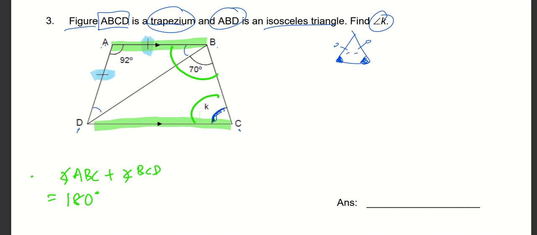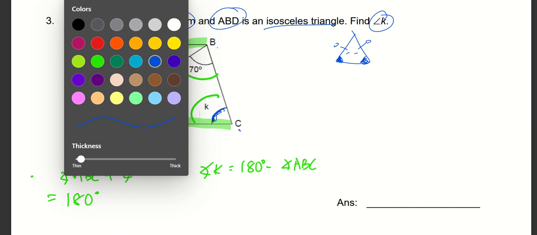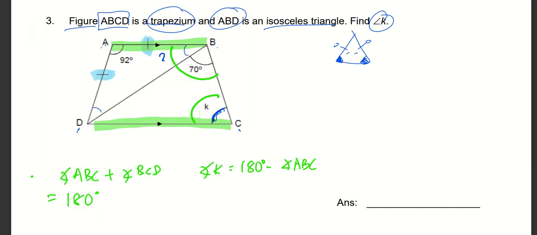Now to find K, that means I will use 180 degrees minus angle ABC. Now to find ABC, I must go back to looking for the angle here, which is guided by the isosceles triangle. So I'll go with finding angle ABD first, and that will be 180 degrees minus 92 degrees, bracket, and then divide by 2, because these two angles are the same.